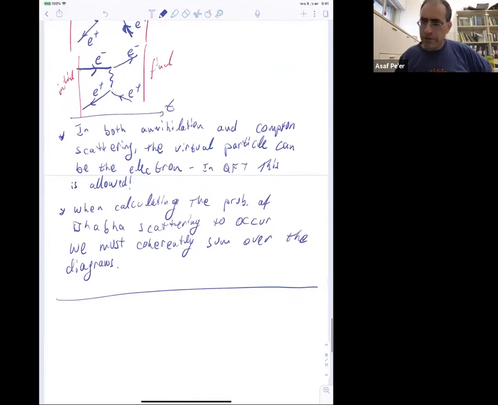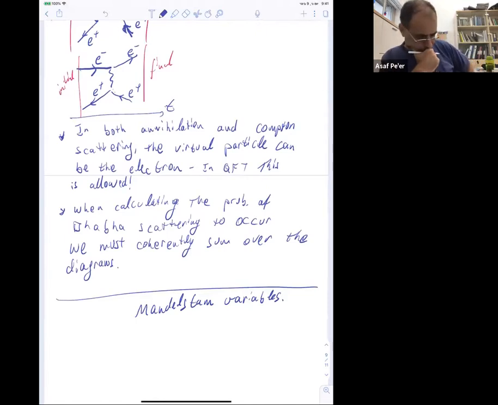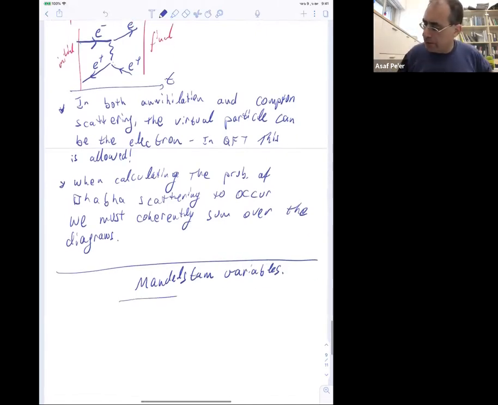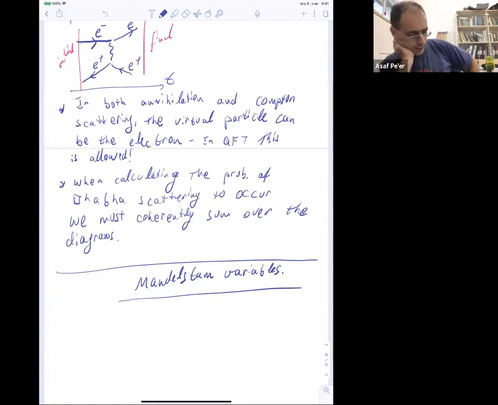Okay, let me introduce you to something which could turn out to be useful in the future. These are known as the Mandelstam variables. Basically, when we think of a Feynman diagram that involves an exchange of a single force-mediating particle, we can put these diagrams into three categories.